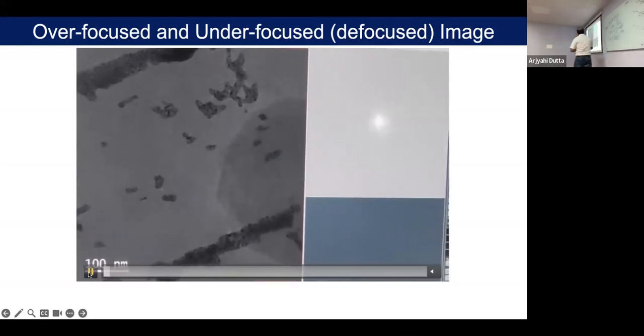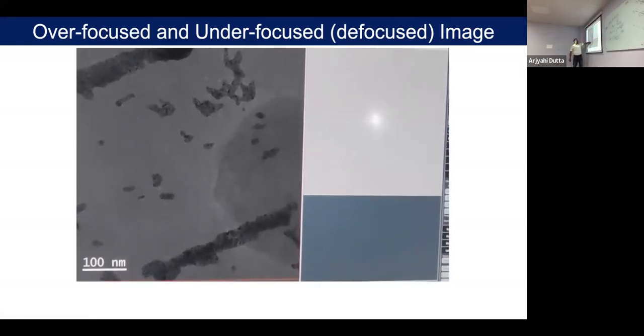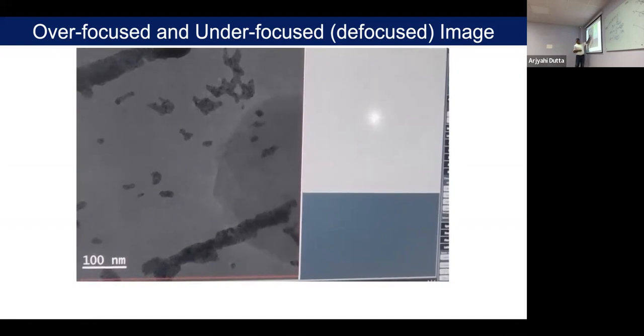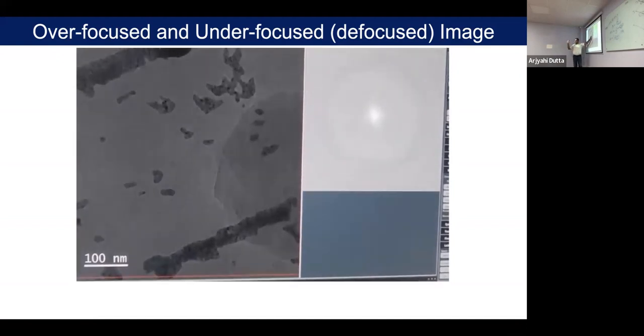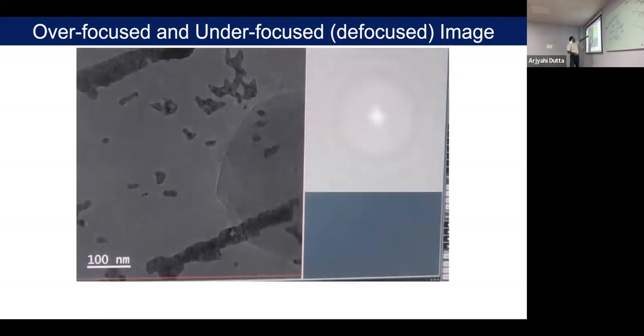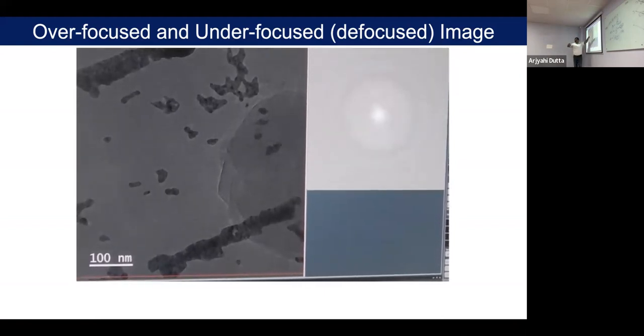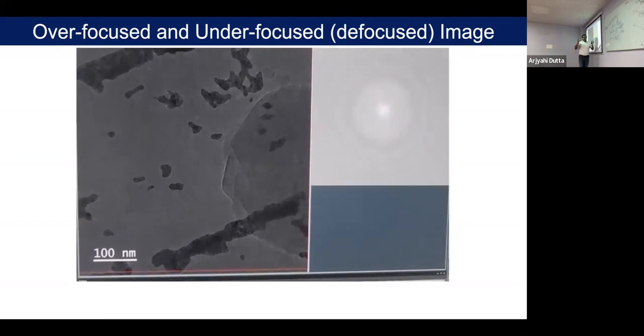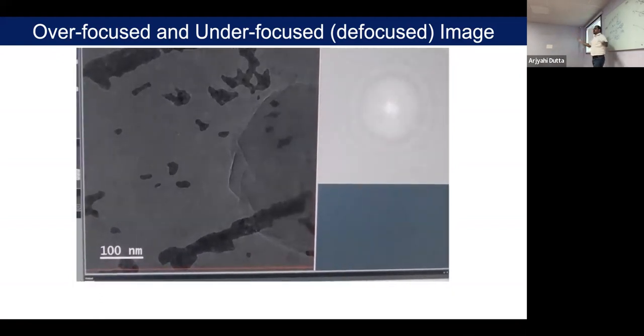Okay, so here I'm just showing you some material, and this is the actual focus. Now I'm slowly, gradually changing the focus value, so we can make it either over focused or under focused.